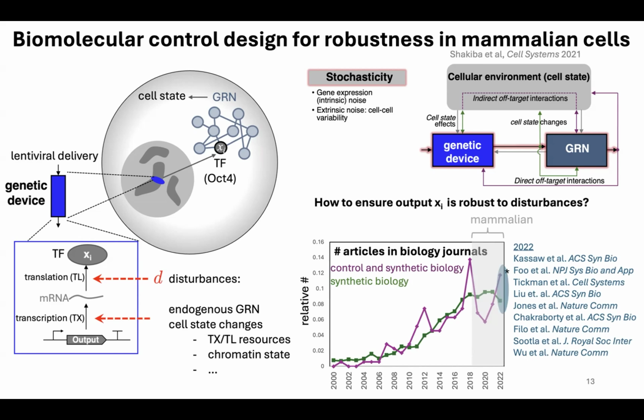Here is a temporal plot tracking the publications in SynBio and the publications in Control and SynBio, which have been increasing at a similar pace, because today we realize that a lot of the problems we encounter are often due to lack of robustness to perturbations that you have in the cell. Something interesting, as I'm dashing here, is that a lot of the work on control design in mammalian cells really started to appear after 2018.